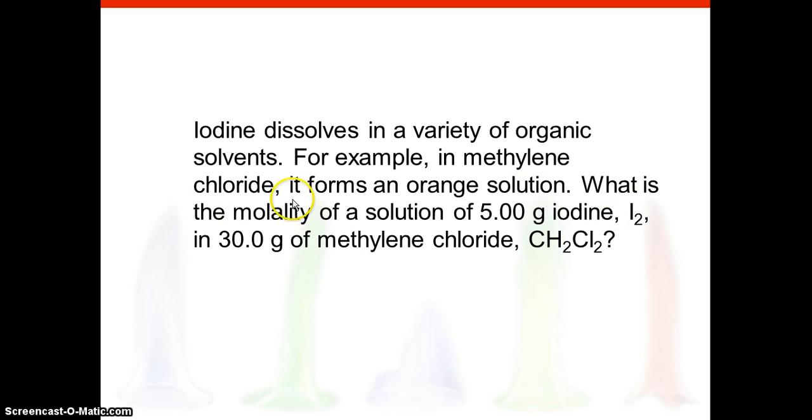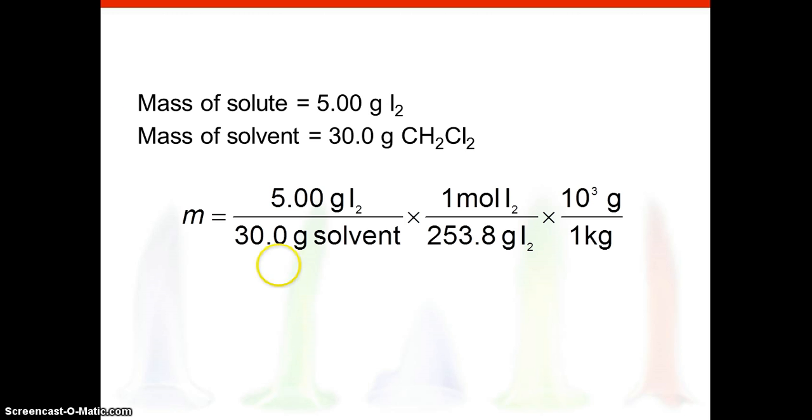Now we need to calculate molality. Molality is moles of solute divided by kilograms of solvent. So let's see, we have mass of solute, which is 5 grams, and mass of solvent, which is 30 grams of methylene chloride.